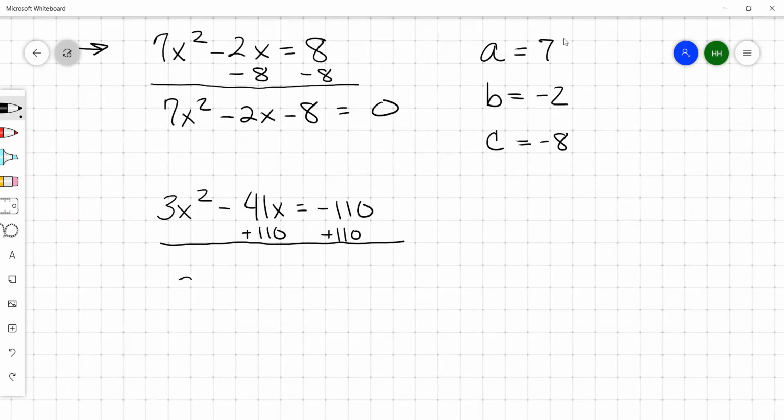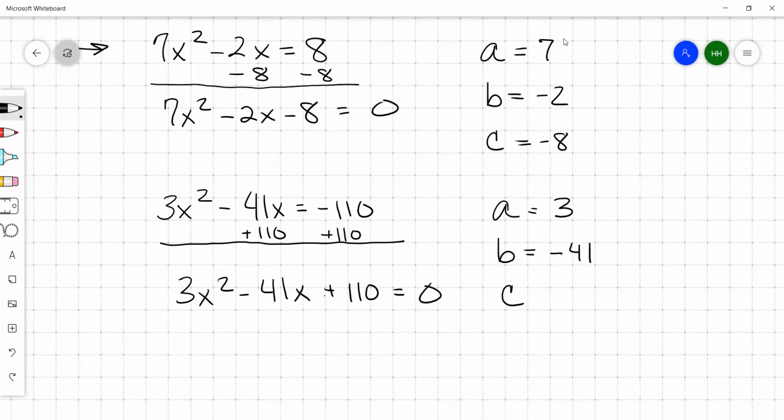And you get 3x squared minus 41x plus 110 equals 0. And your A is going to be equal to, and your B equals, and your C equals.